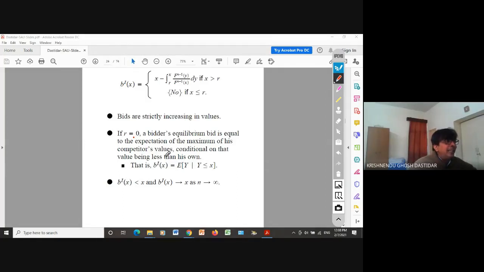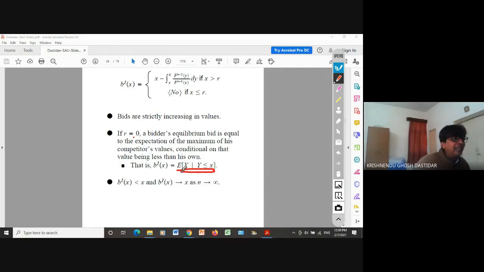Then you can show that a bidder's equilibrium bid is equal to the expected value of the maximum of his competitors' values, conditional on that value being less than his own. So in equilibrium, my bid will equal the expectation of the maximum of my rivals' values, given that value being lower than mine, which is this thing.